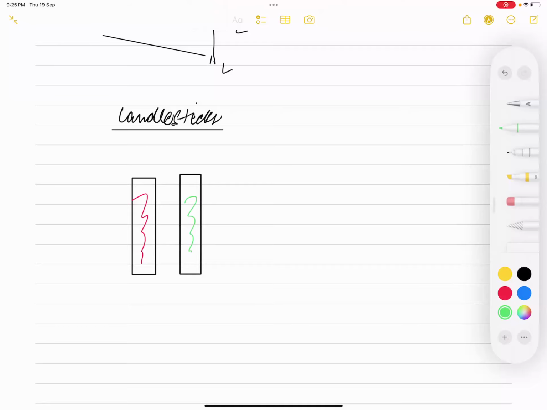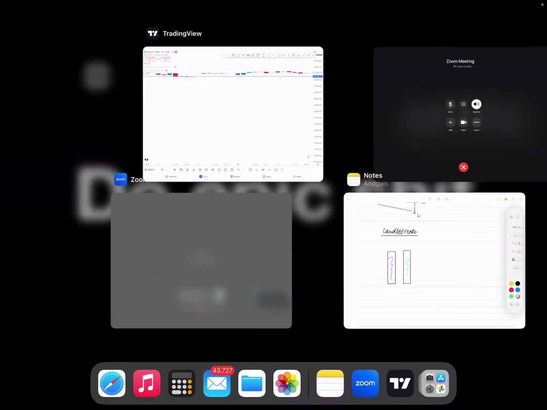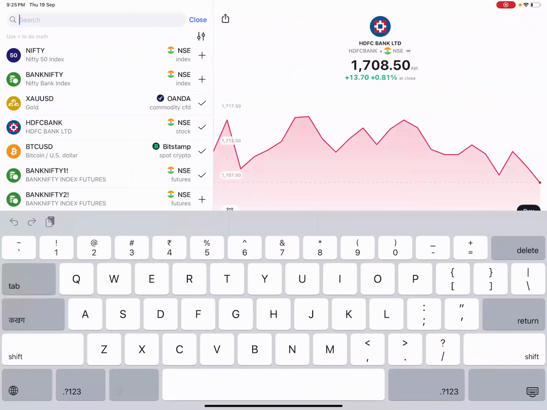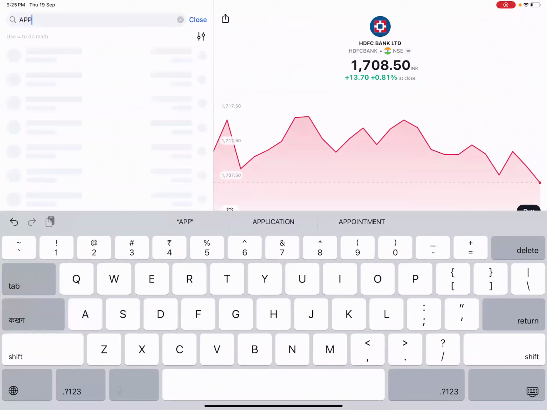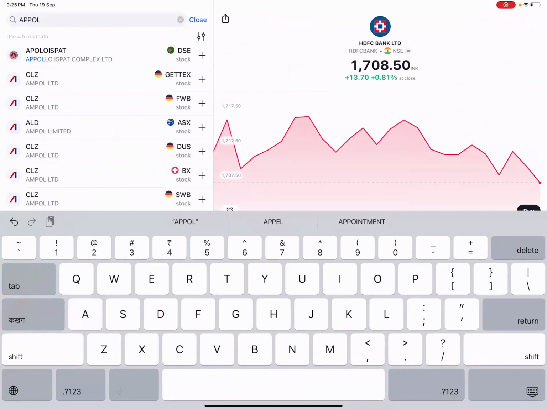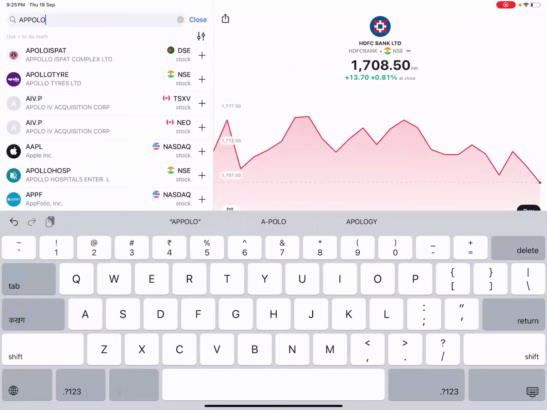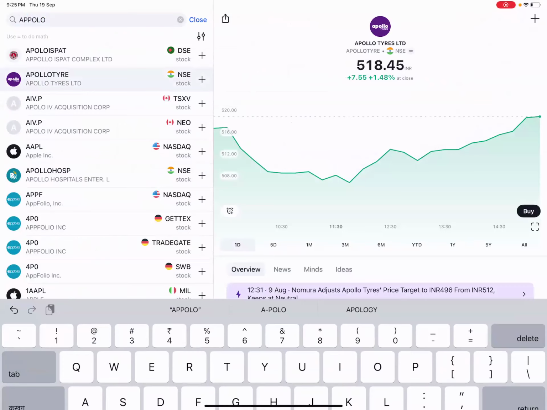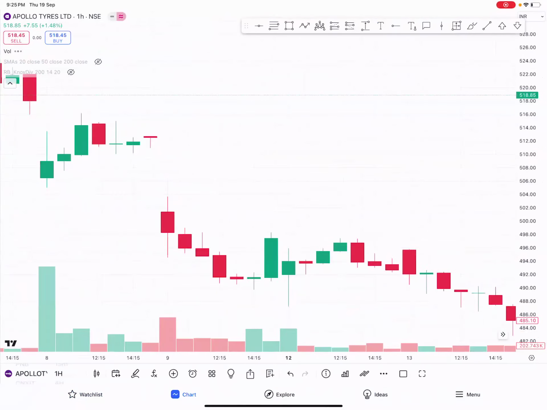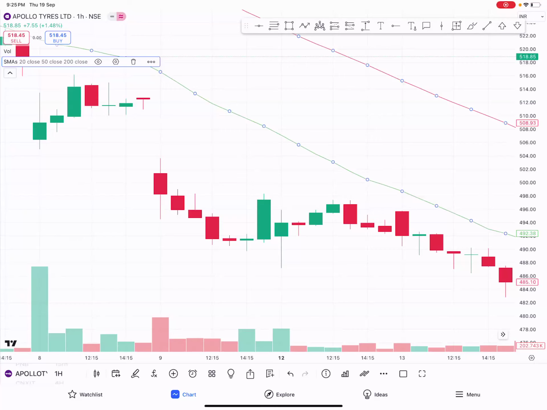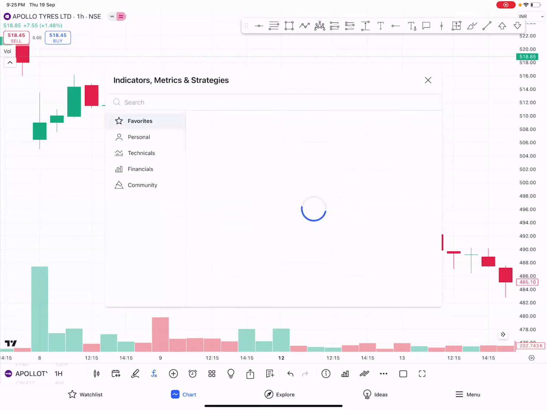For example, if we look at TradingView today, if you can name any of the stocks that you actually want to see. Apollo Tires. If you look at the chart here, we can add one of the things, that is volume.